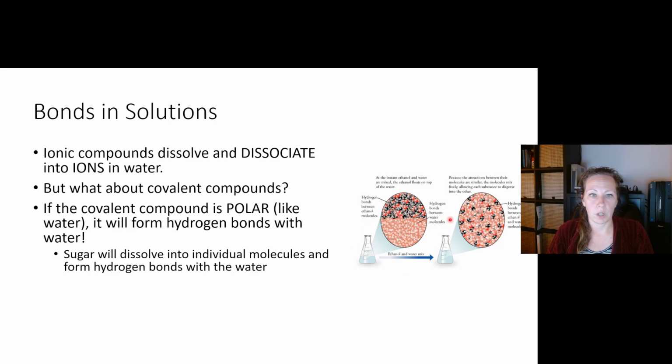Initially, there is a density difference between the two solutions, and so one was on top of the other. But over time, because they're both polar, the sugar and the water, that sugar can easily mix in with the water.